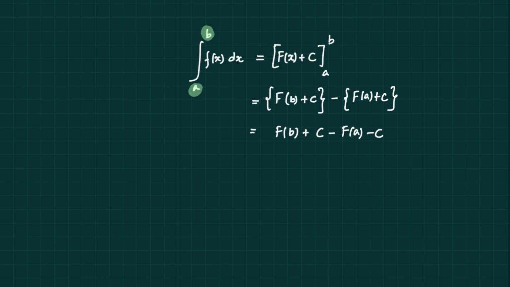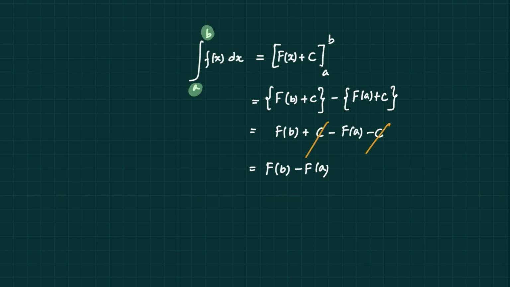Here the c and the c get cancelled and we only have F of b minus F of a, which will give you a definite value. Since there is no constant of integration, that's why this integral is called definite. So while working with definite integrals, we always put the upper limit first and subtract by putting the lower limit.